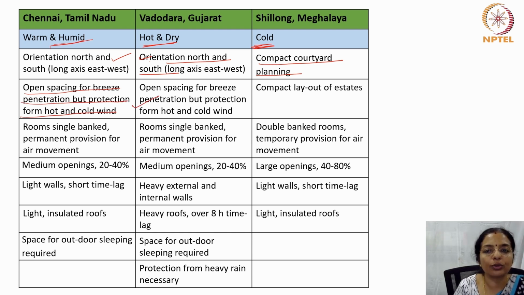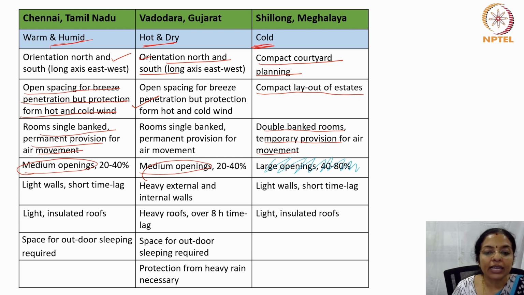Whereas for Shillong, it says compact layout of estates. The rooms for warm, humid and hot, dry is rooms with single banked permanent provision for air movement. Whereas for Shillong, it should be double banked room with temporary provision for air movement. The openings must be medium size for warm, humid and hot, dry. Whereas for cold climate, it says large openings 40 to 80%.